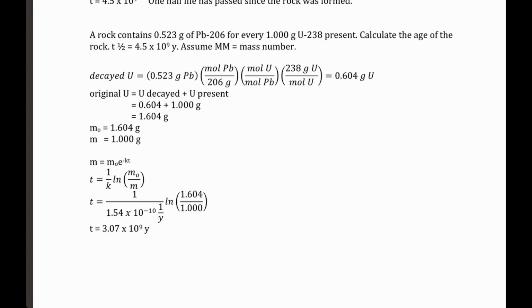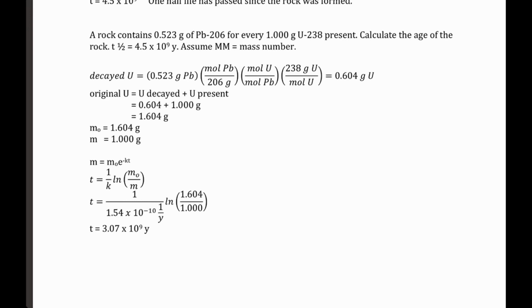So the original amount of uranium is the amount that decayed plus the amount that's there currently. We have 0.604 grams plus 1.000 grams, or 1.604 grams of uranium that must have originally been present to then have the 0.523 grams of lead and the 1 gram of uranium there currently.